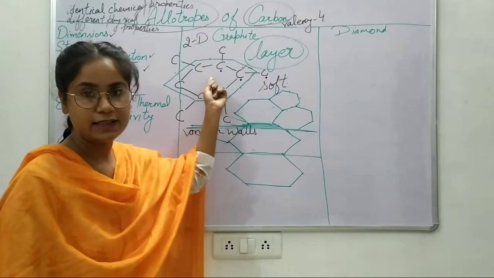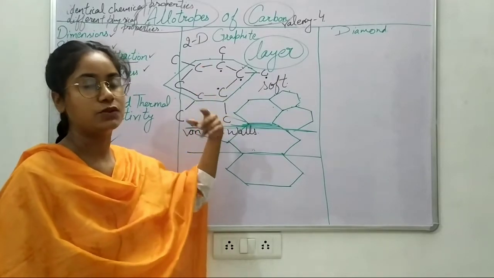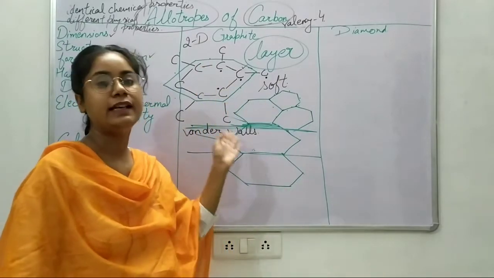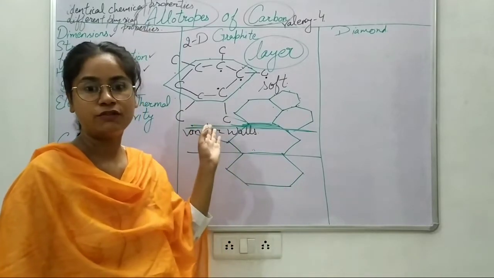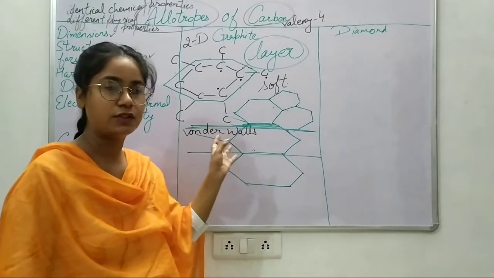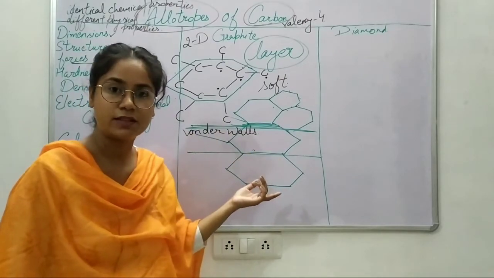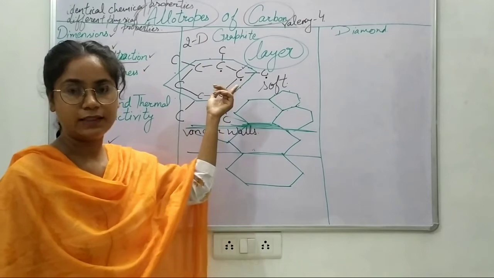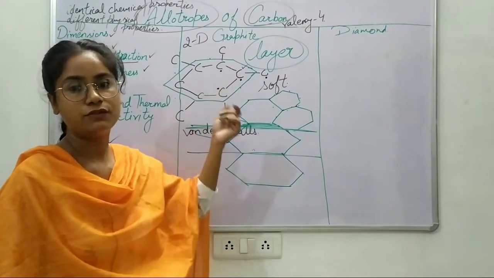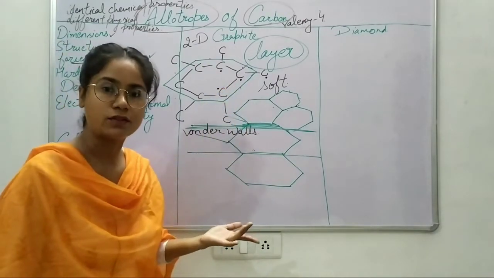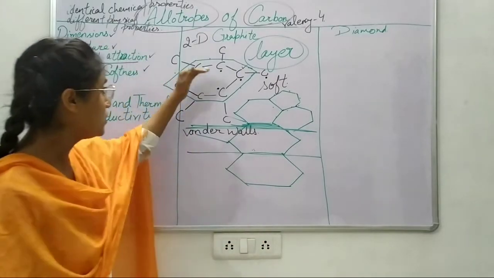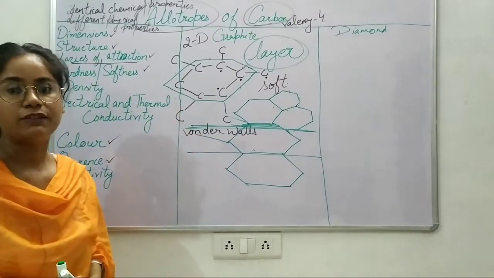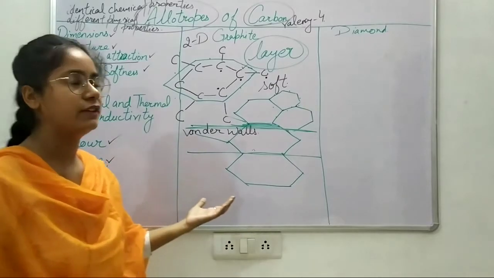Now, as it is carrying the charge, it allows the passage of current through it, so it becomes a good conductor of electricity. Okay, and along with it, it becomes a good conductor of heat because of that presence of a free electron. Okay, so this is all about graphite.